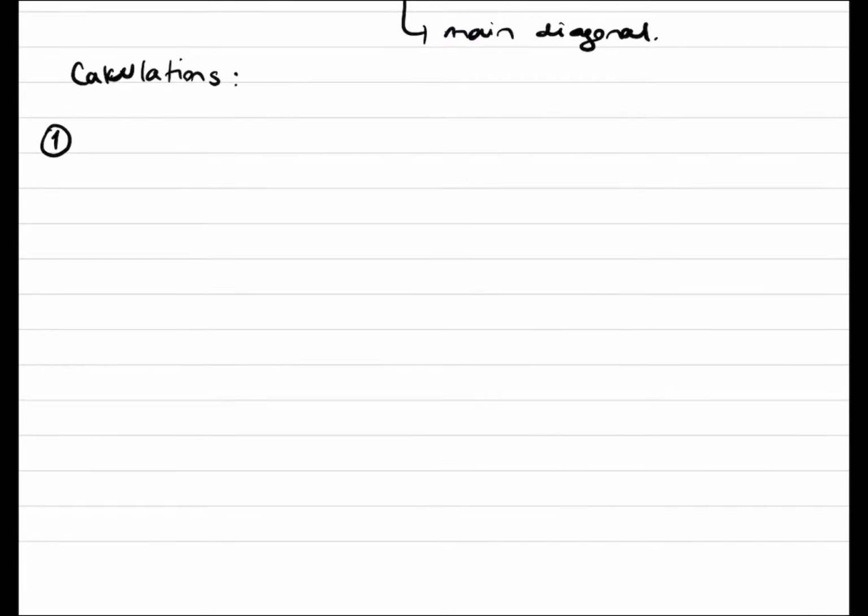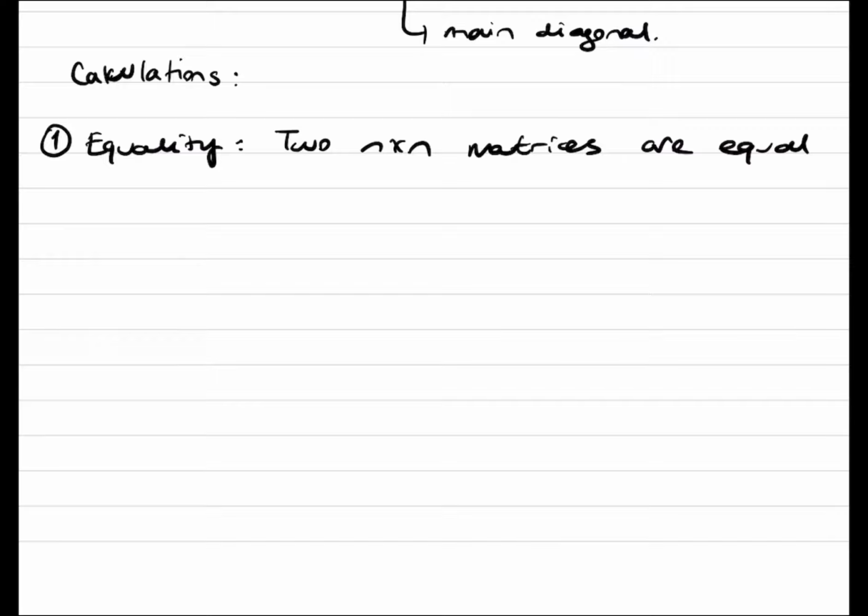Okay, the first one is equality. Two n by n matrices are equal if and only if corresponding entries are equal.